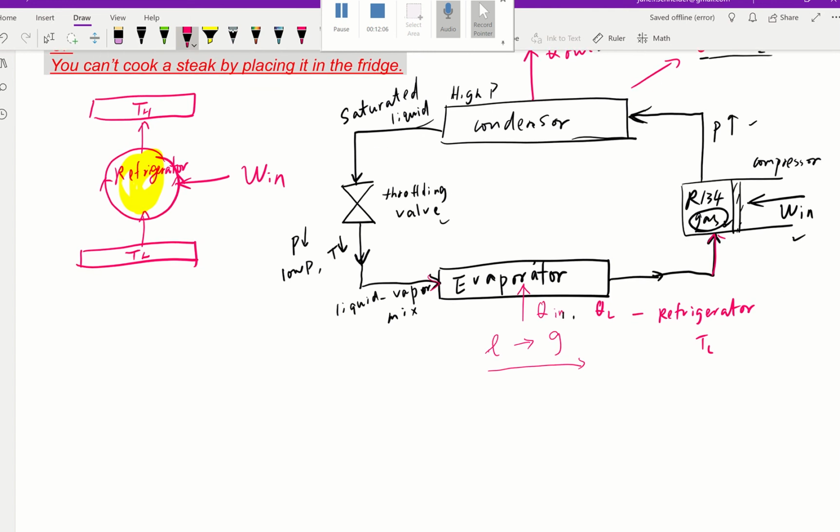Now we're going to look at efficiency. We talked in the last videos about the heat engine efficiency, and here we have an abbreviation called the COP. That means coefficient of performance.